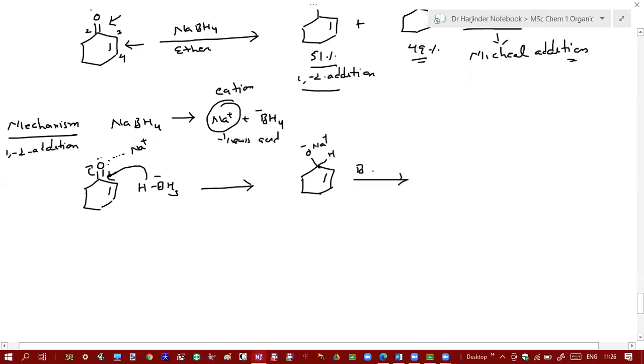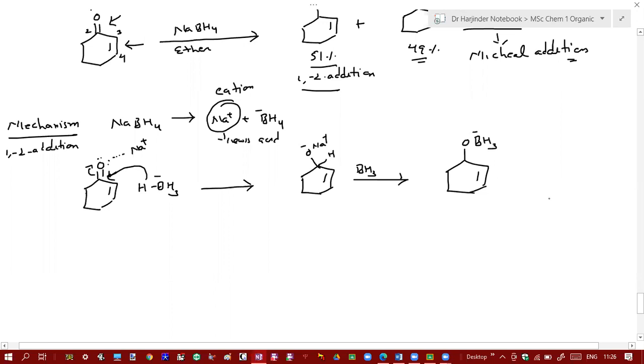And then in the presence of BH3, this negative charge will transfer to this boron to give rise to OBH3 minus. Now it can further react with three other molecules, as three other hydride ions are also there.